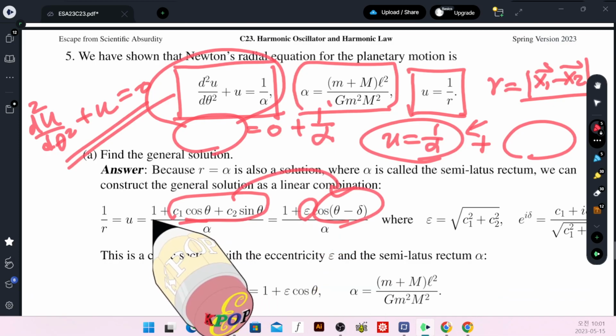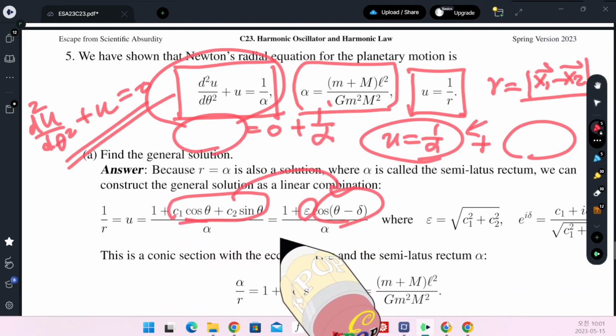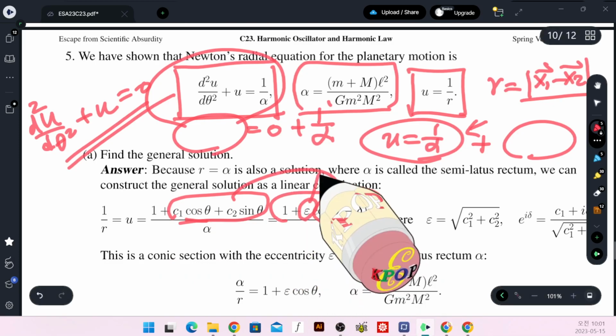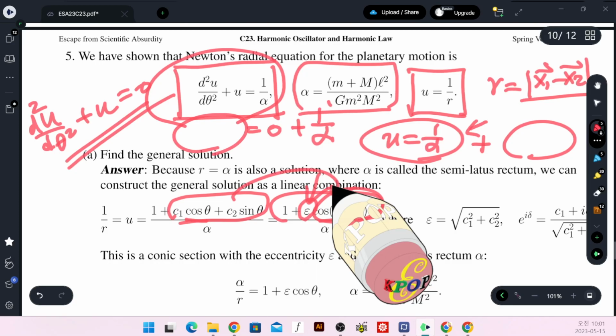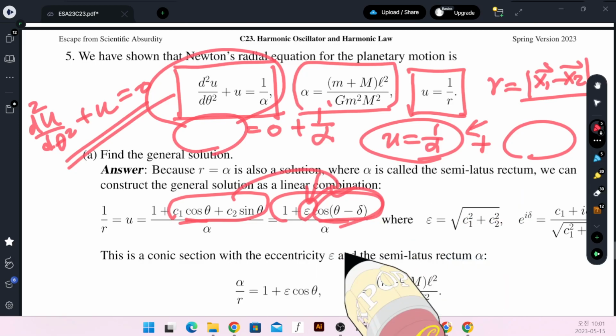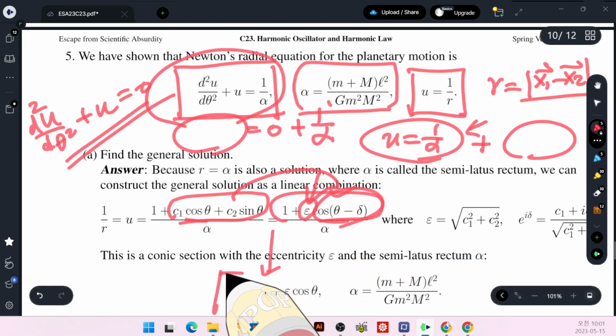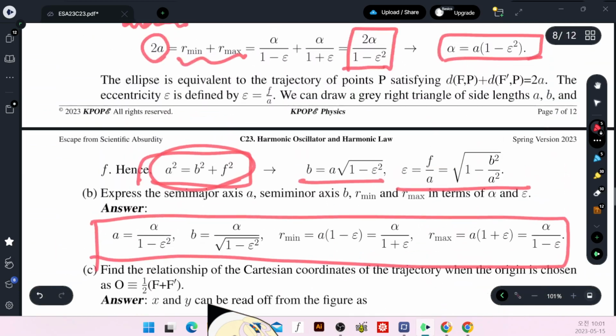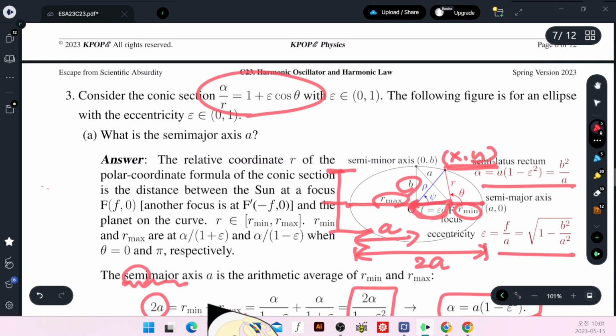We scale 1 over alpha out, then the expression becomes compact, and we define the amplitude as epsilon, which is identified in geometry as the eccentricity of the conic section. Finally, the general solution is completely obtained in this form, and that is identical to what we listed before.